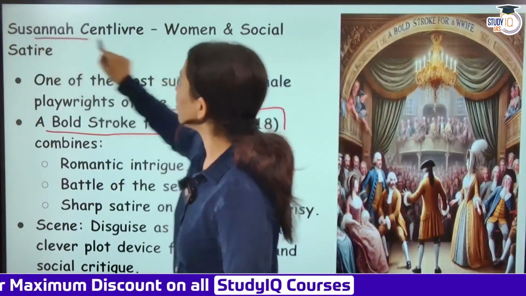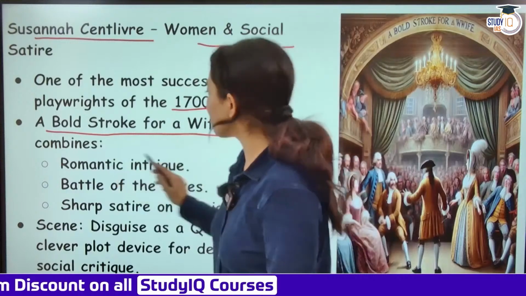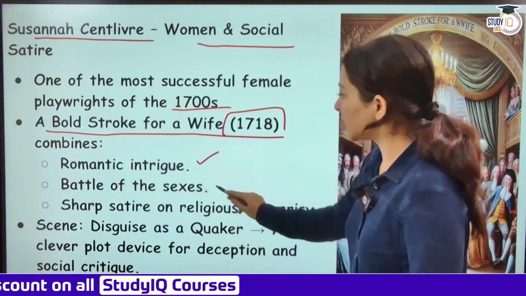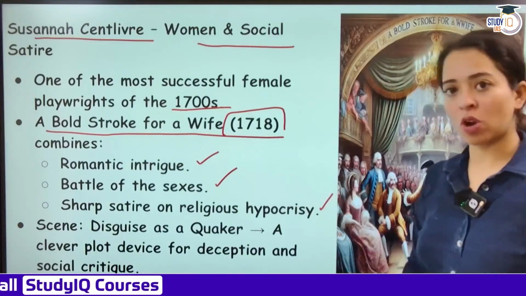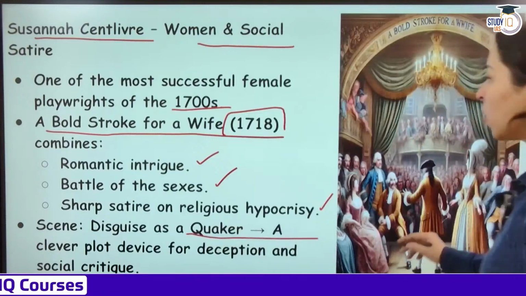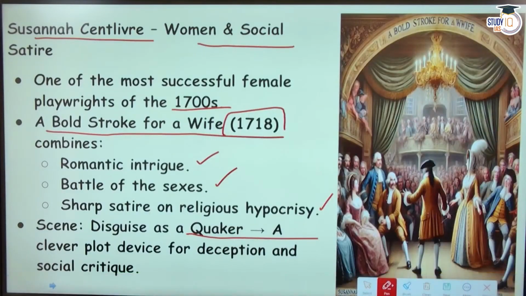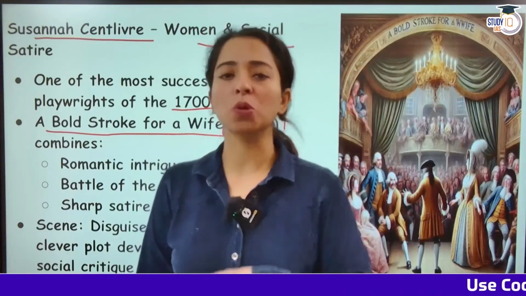Susanna Centlivre. She combines romantic intrigue, battle of the sexes, and sharp satire on religious hypocrisy. Seen here disguised as a Quaker, a clever plot devised for deception and social critique.